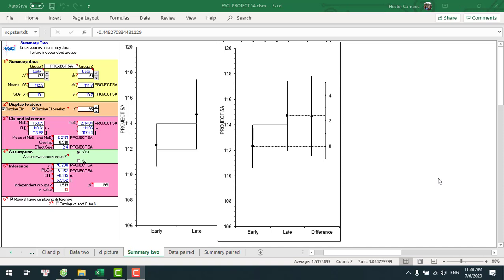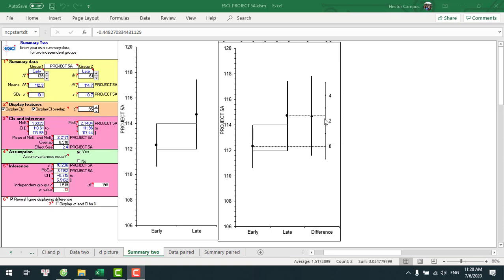There's one more concept that we need to understand with this graph, regarding the difference between the two means. In this case, we saw that the difference between the two means was 2.4.